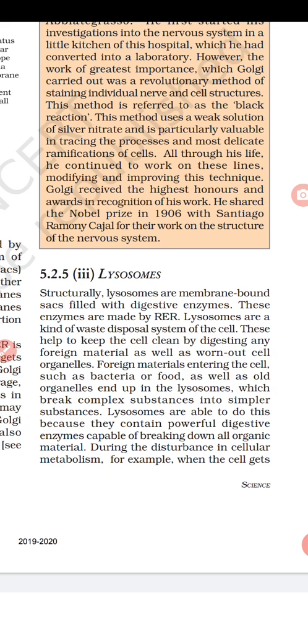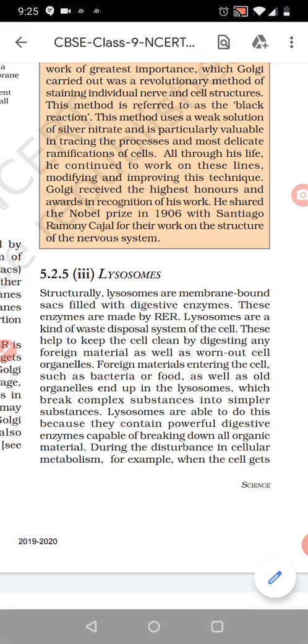They mainly help break down complex sugar into simple substances, or we can say these digestive enzymes help break down complex substances to simple substances. So here, children, the first function of lysosomes: in the sac-like structure the digestive enzymes are present, and they break down the complex substance into the simple substance.